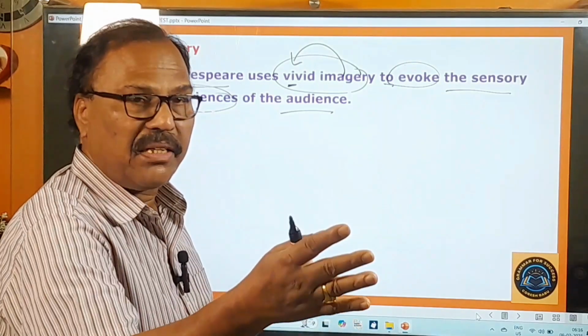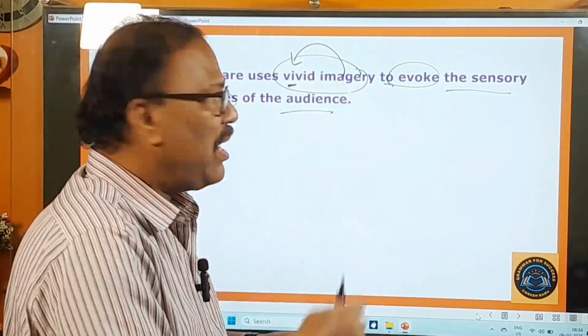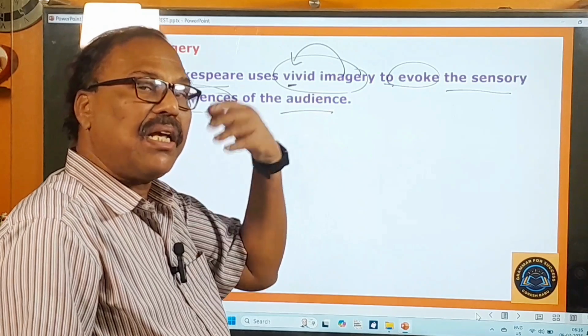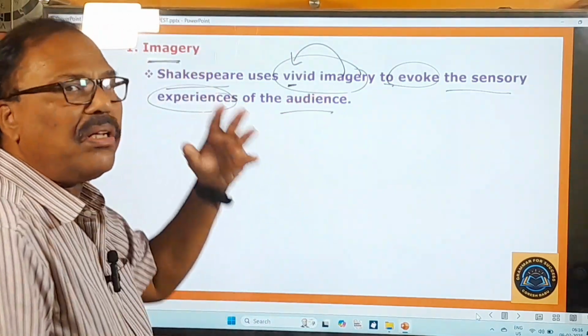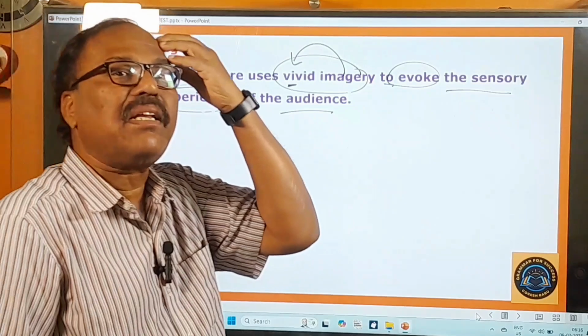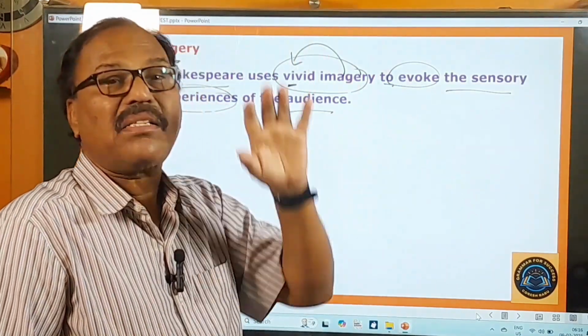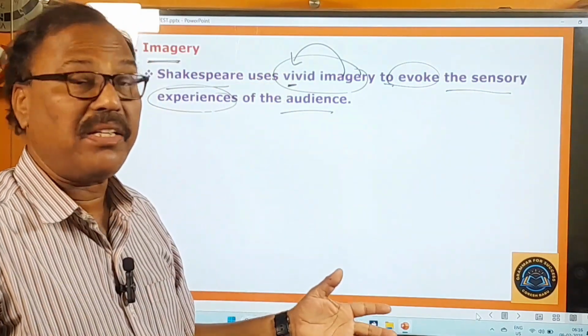If you are reading that drama, these sensory experiences are evoked, and if you are watching that drama, then you become the audience, and the sensory experiences will be evoked. So in order to evoke the sensory experiences in the minds of the readers and the audience, Shakespeare has made use of this vivid imagery.